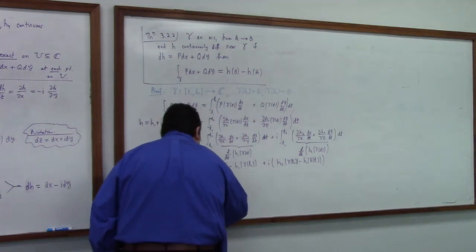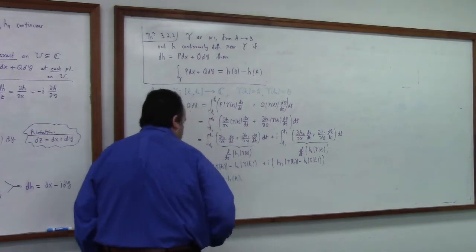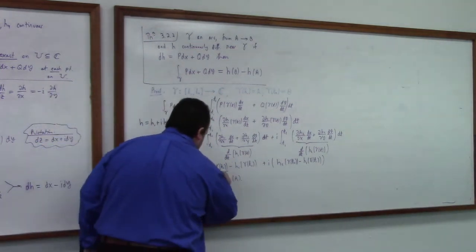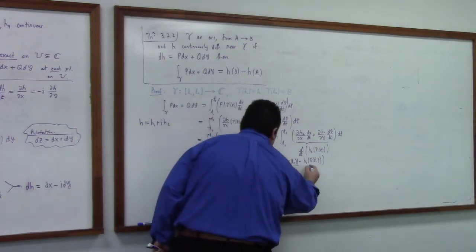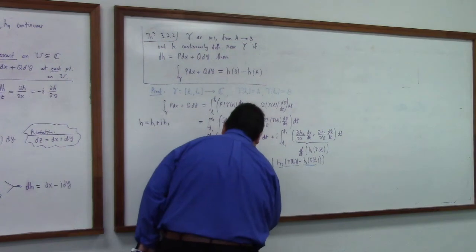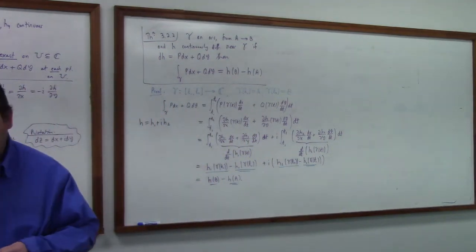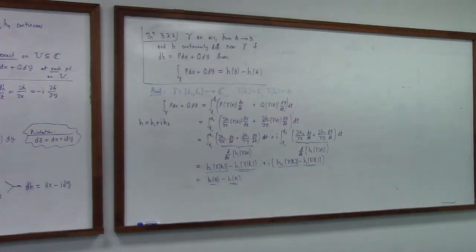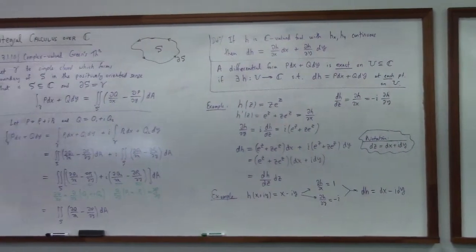So what we've got is h of b minus h of a. The h of b is coming from these terms, and the other terms give me the h of a. But you're right, this is the fundamental theorem of calculus for line integrals, but this time complex valued line integrals.